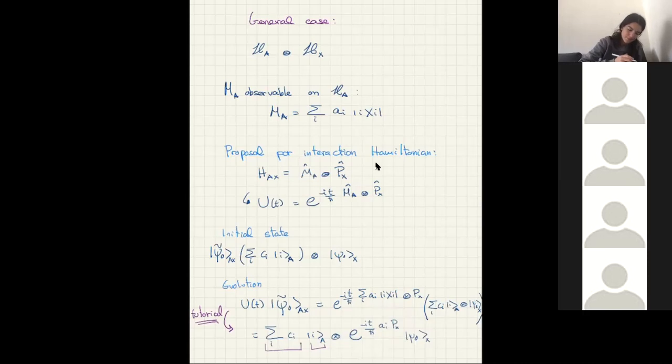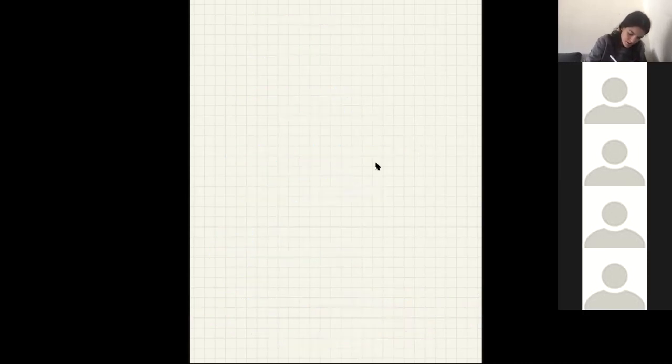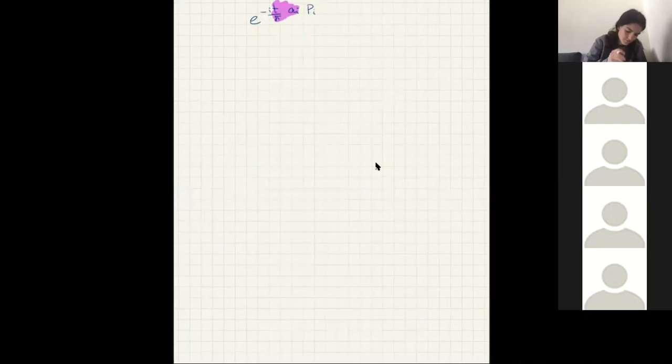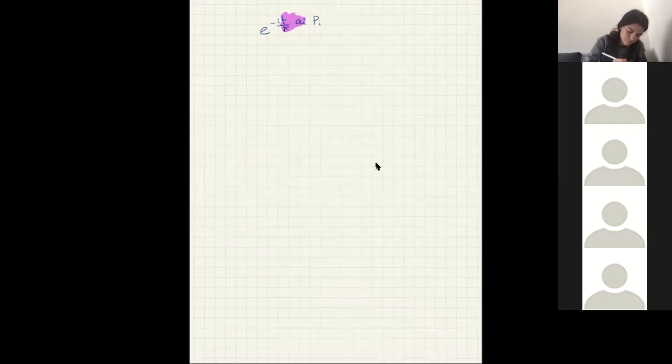Okay, so now we're going to see what this is. We have e to the minus i t over h bar, a_i, p_x. Because all of these are real numbers, we're just going to give them a new name. Sorry, not p_i, but p_x, which we know because there's only one dimension at the moment.